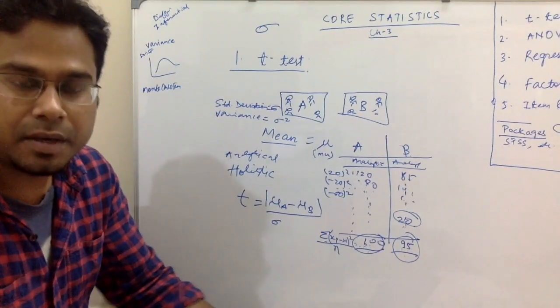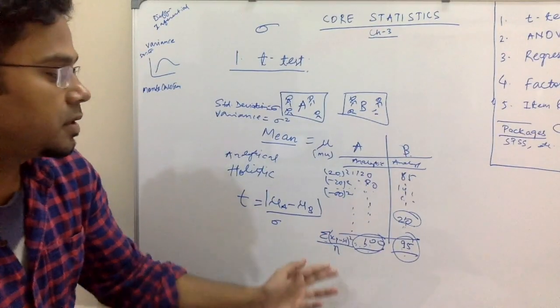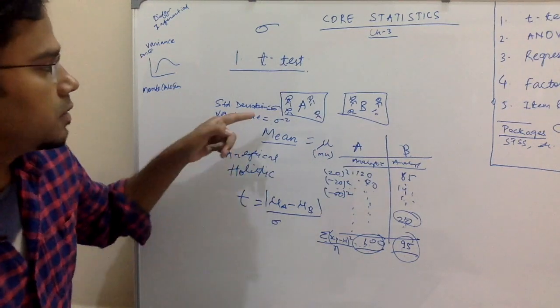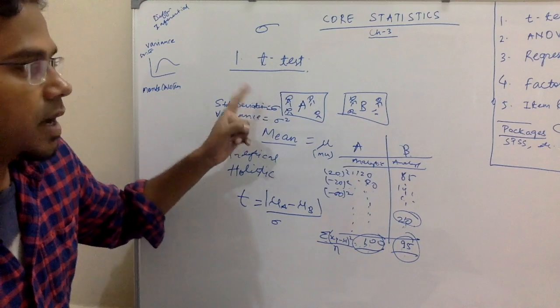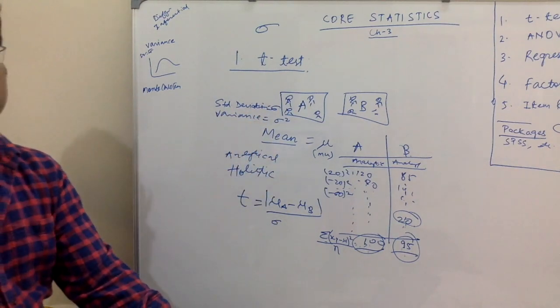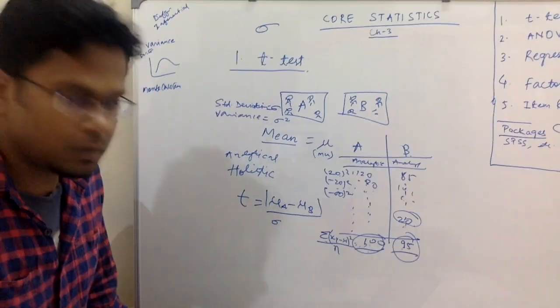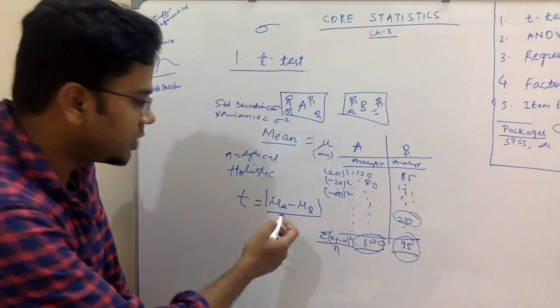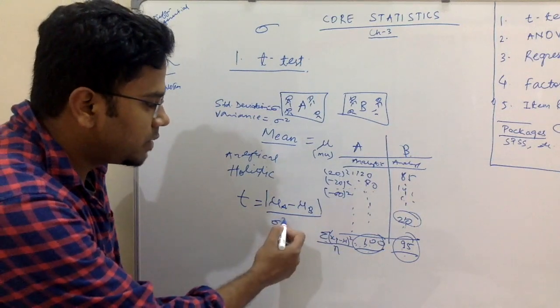Now this standard deviation is a measure of the variance, right? As I told you, if you square the standard deviation, you will get your variance. So if I square this value of standard deviation here, it will give me variance.